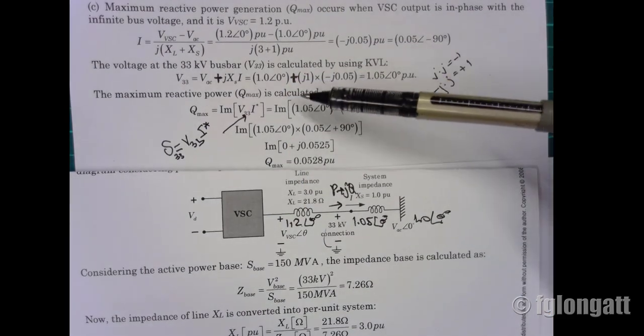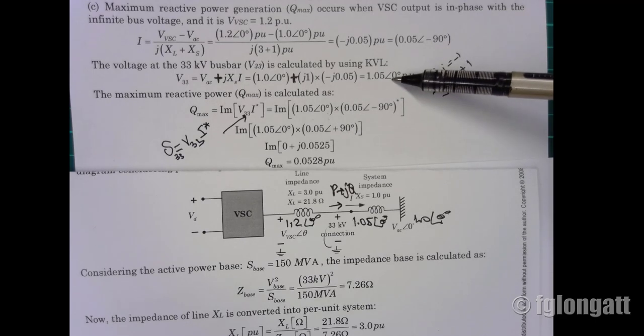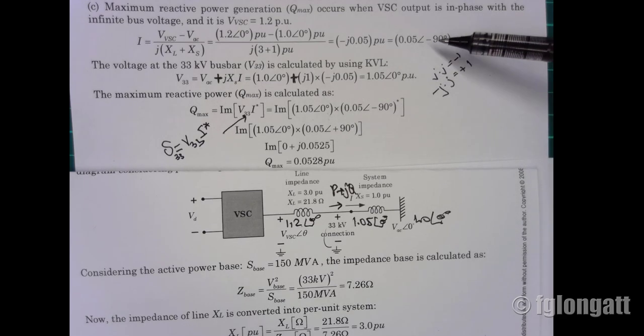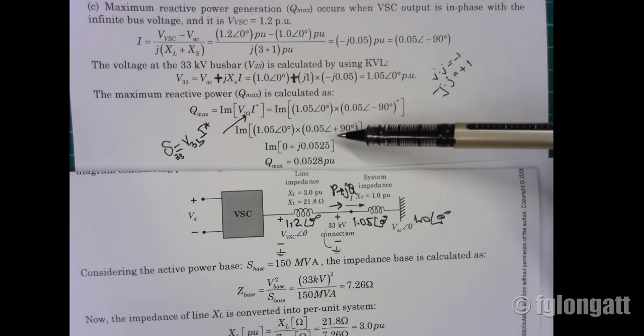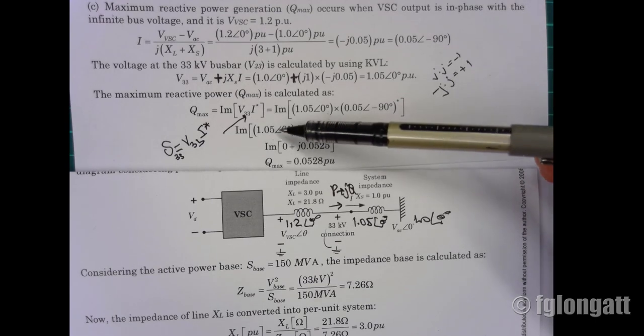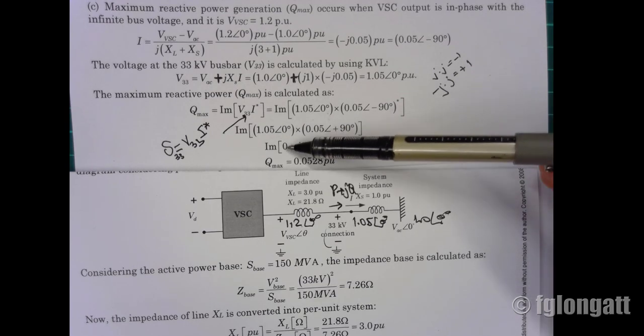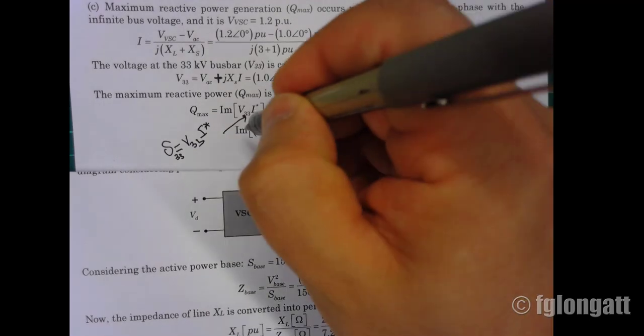And what I am putting here is basically the voltage that we calculated before, multiplied by the current, but the current must be conjugate. When we solve this product, we obtain that there is 0 real component and only imaginary component.